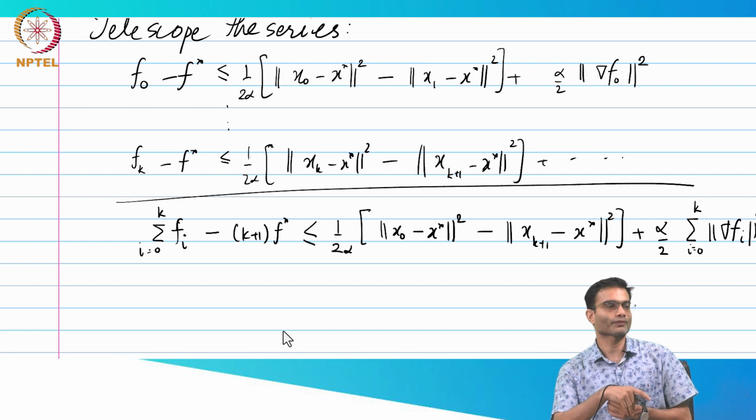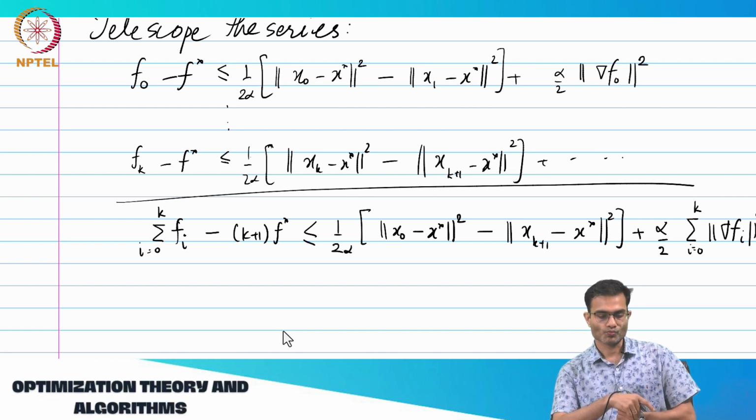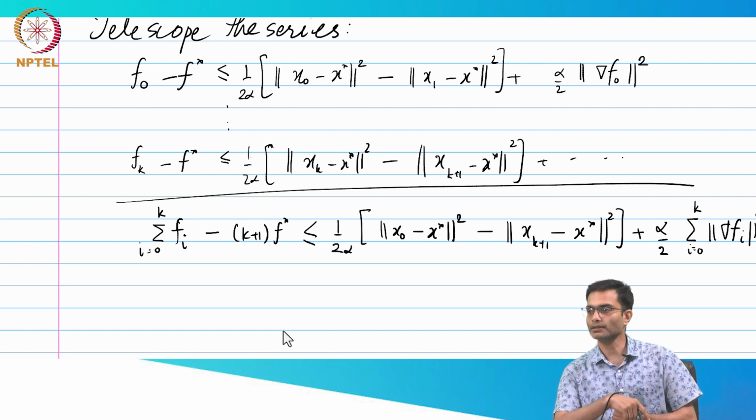Now this is the part where you have to get a little creative. If I have any negative terms on the right hand side, if I knock them off, will the inequality change? No, right?